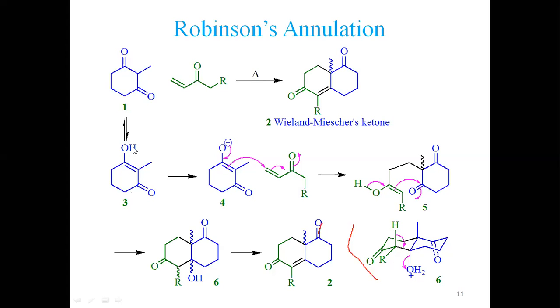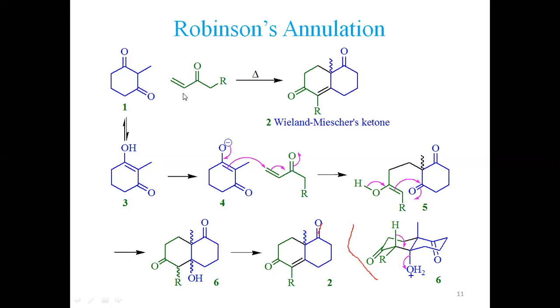What happens? It has a proton present here, OH. So it can lose this proton in the presence of a base. We normally use a base. This base picks up this proton and generates an enolate. This enolate undergoes this addition. Now look here, we have an alpha, beta unsaturated system.